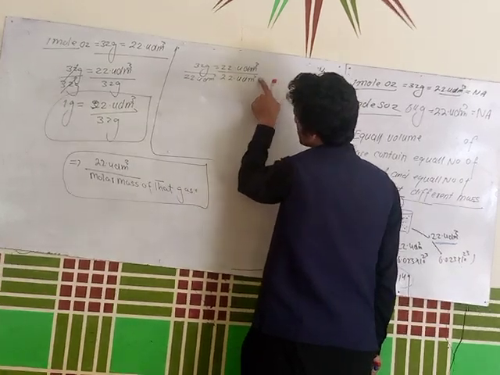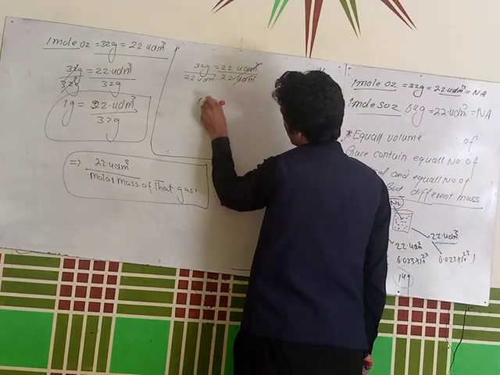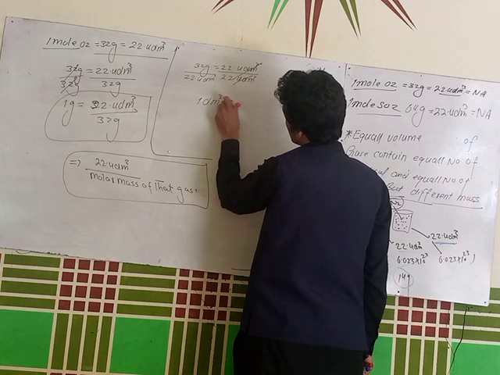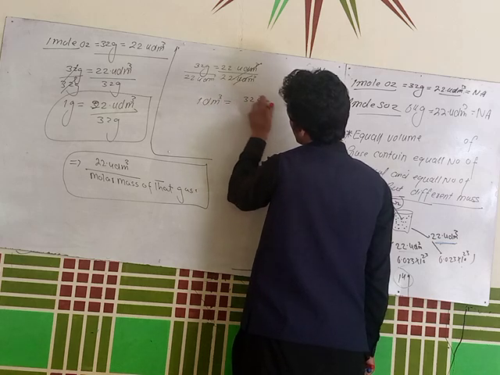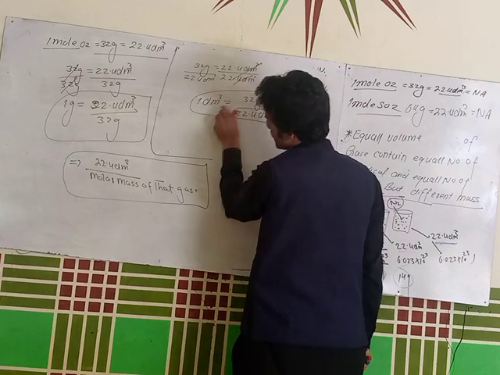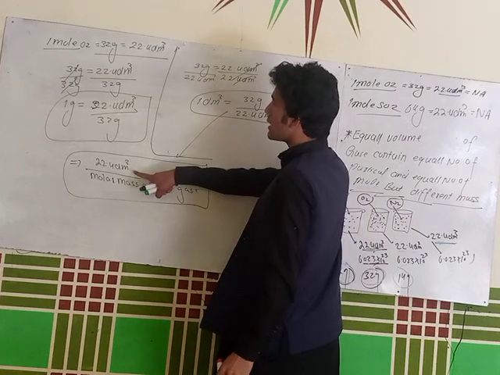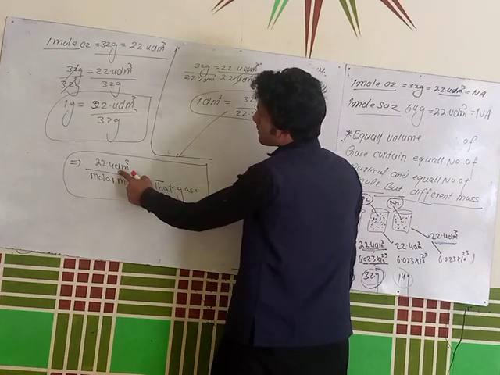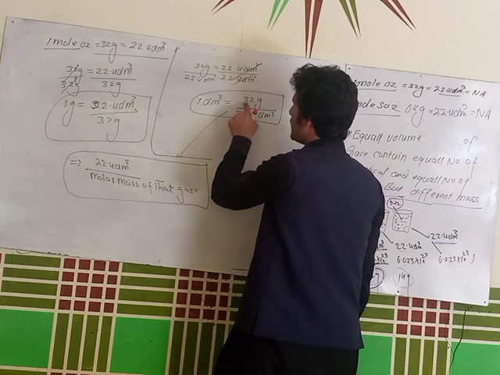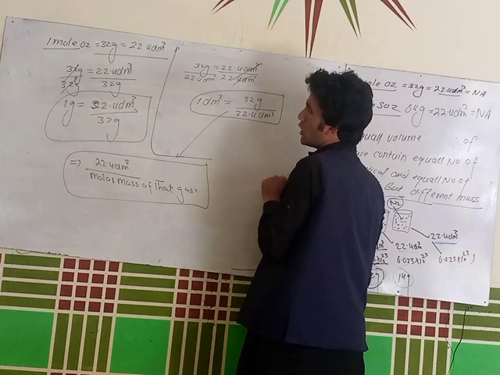These two terms are similar, so they cancel out with each other. So what remains? 1 decimeter cube is equal to 32 gram divided by 22.4 decimeter cube. This equation is the reverse of the previous one, because there 22.4 decimeter cube was in the numerator, but here the molar mass is the numerator and the volume is the denominator.